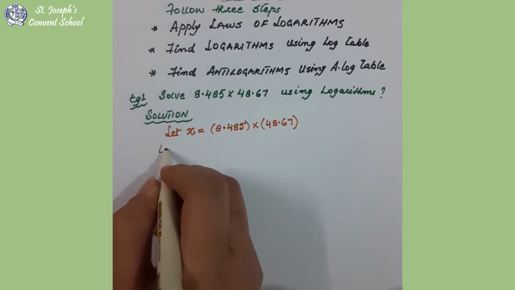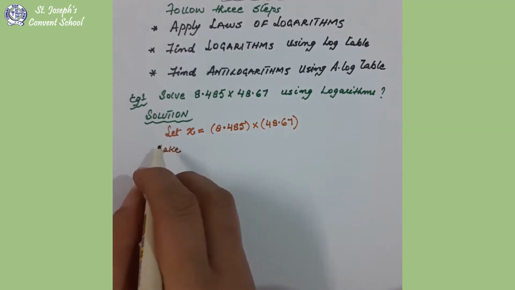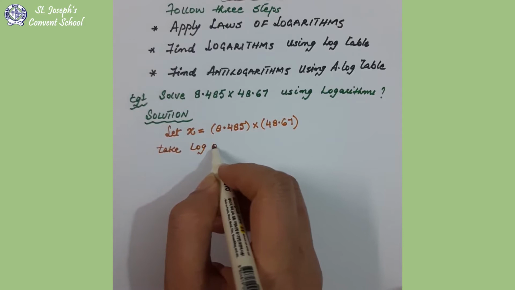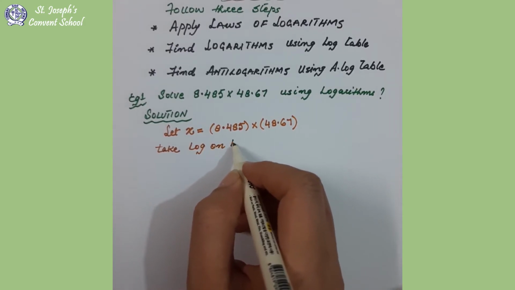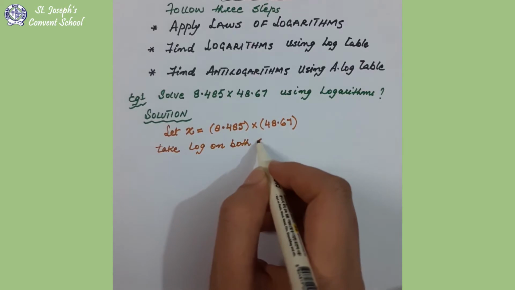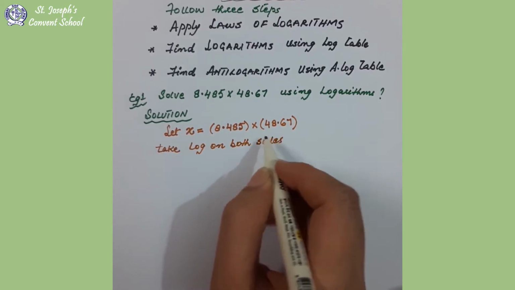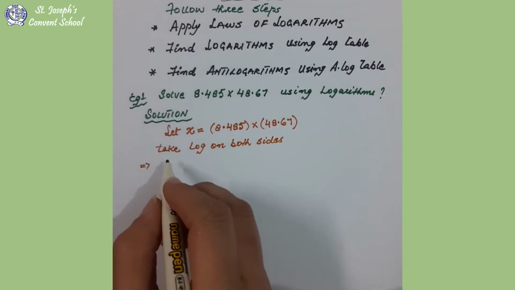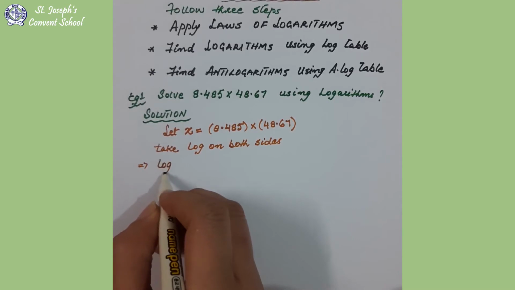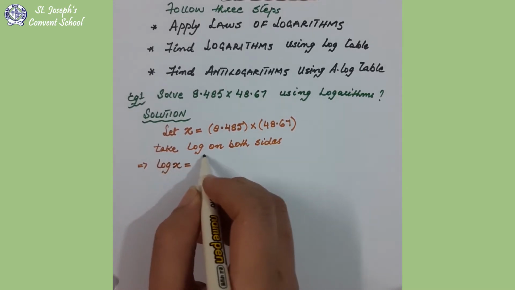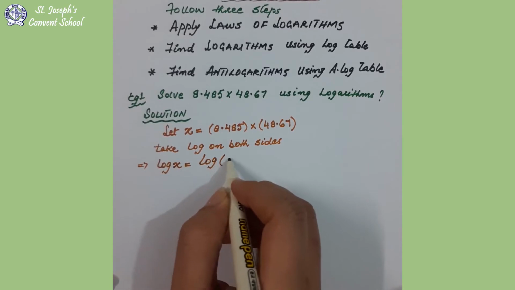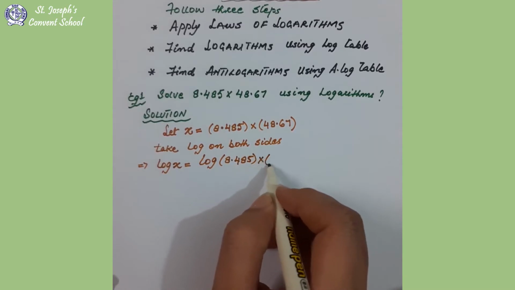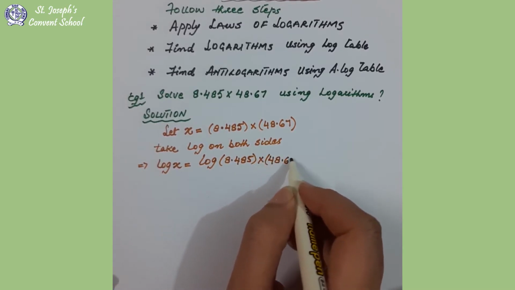So take log on both sides, so it will become log x equals log of 8.485 into 48.67.